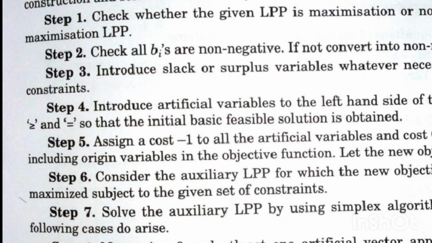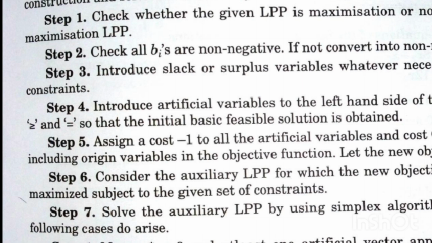Hence, we can say that the two-phase simplex procedure can be applied, and you have to calculate until all zj minus cj's are greater than or equals to zero.